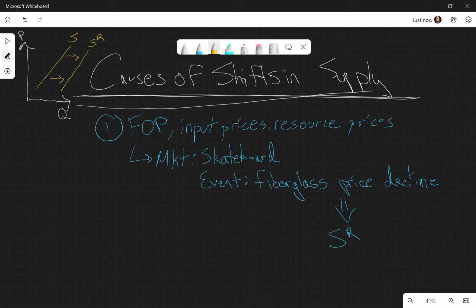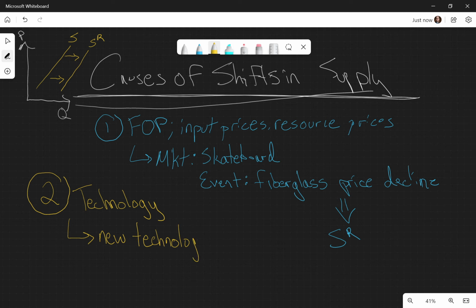Our second shifter in supply is the technology used. So for the most part, as there's new technology or techniques, things are able to be produced much cheaper, and so supply shifts to the right at any particular price.